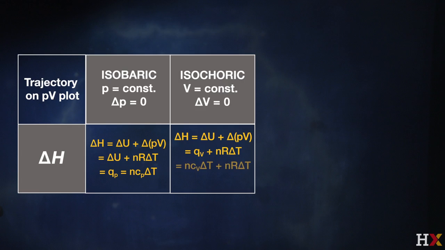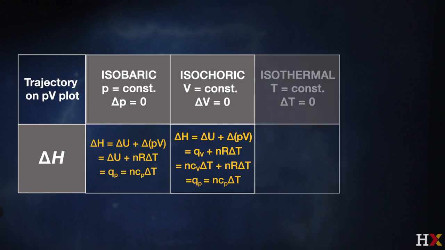That's n c sub V delta T plus nR delta T. And lo and behold, when we use our relationship between Cv and Cp and R, this collapses down to give us identically that this is Q at constant pressure, which is then equal to n c sub P delta T.